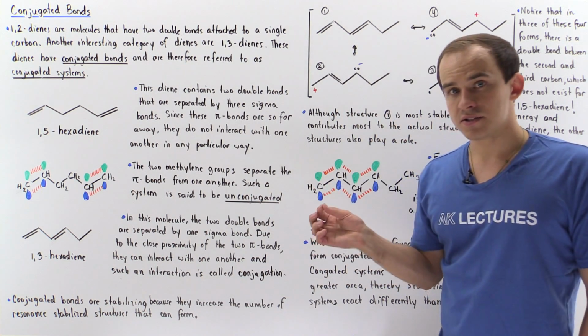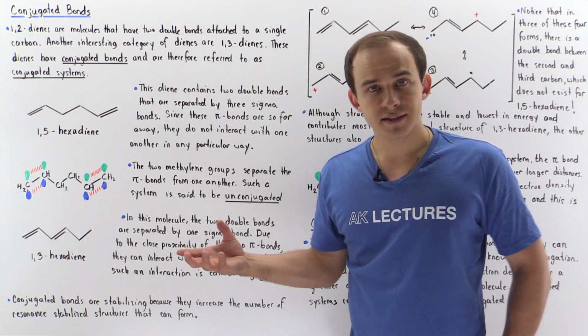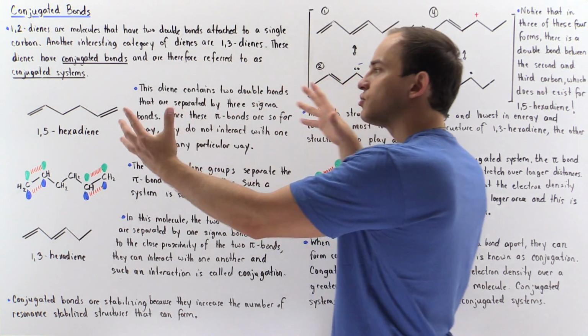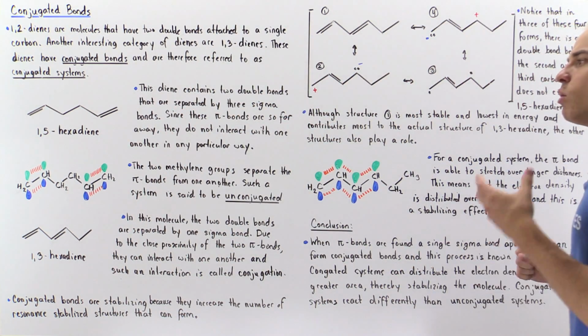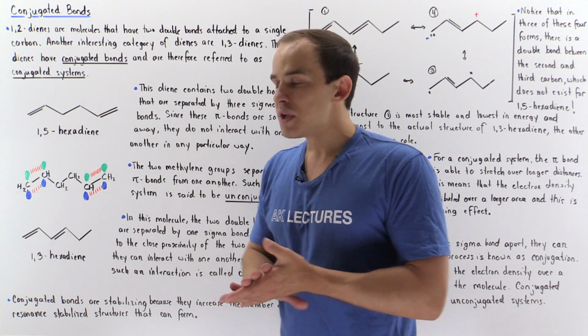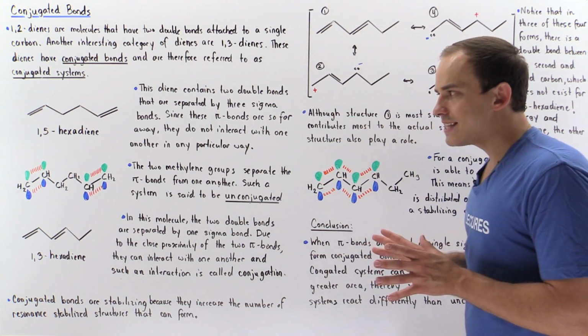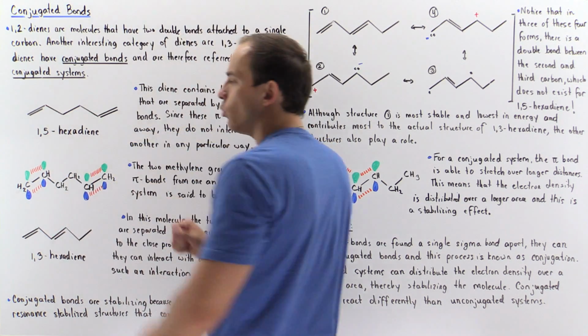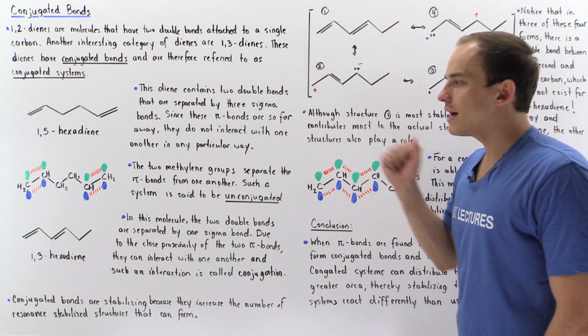And this distance is a relatively great distance. So because these two pi bonds are found so far apart, they will not interact with one another in any interesting way. So basically, if we examine the orbital diagram for this molecule, we get the following diagram.